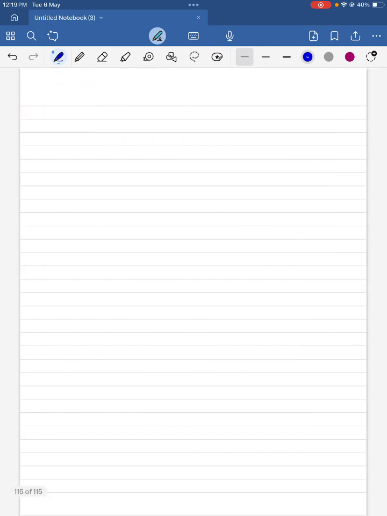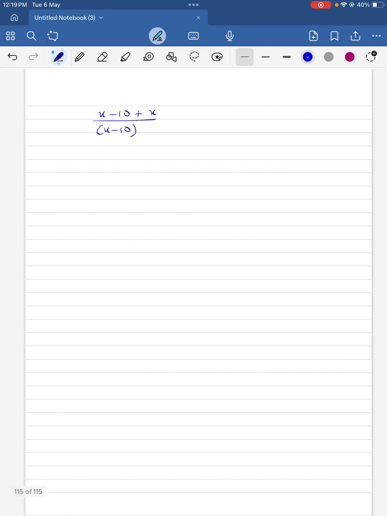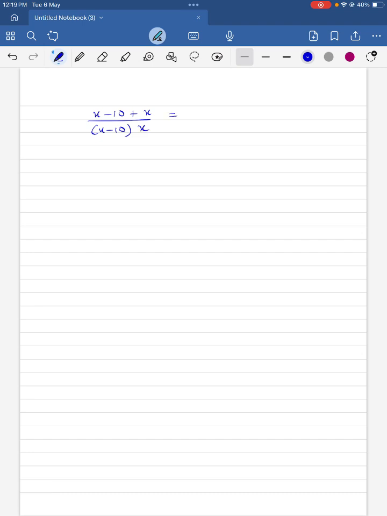So that would give me (x minus 10 plus x) divided by (x minus 10) into x is equal to 8 divided by 75. So that is (2x minus 10) divided by (x squared minus 10x) is equal to 8/75.